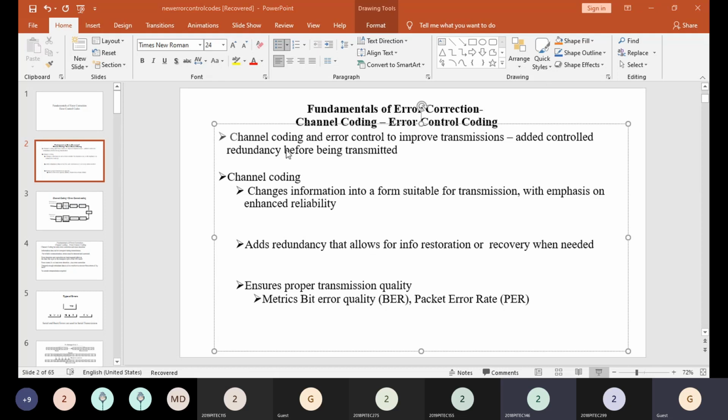Channel coding changes information into a suitable form for transmission, with enhanced reliability. I'm mainly adding redundancy, and adding redundancy allows for information restoration or recovery when needed. Redundancy can come as a set of useful information bits which are less significant, when it goes into the channel for transmission, and you decode the bits in the receiver.